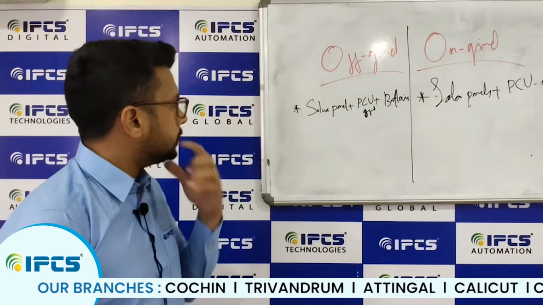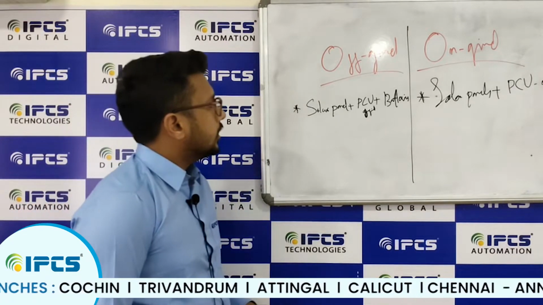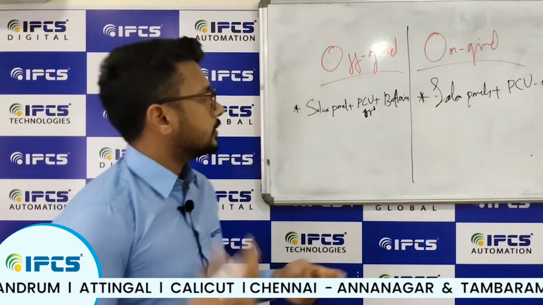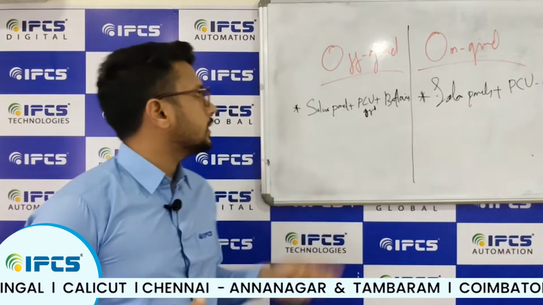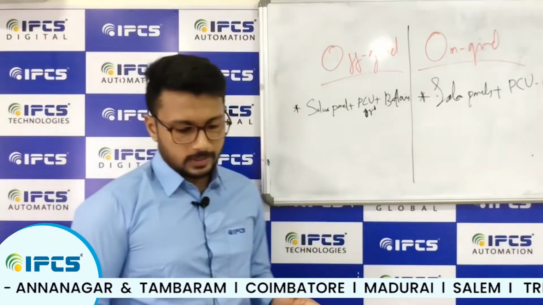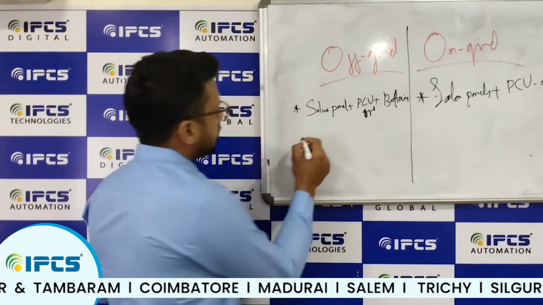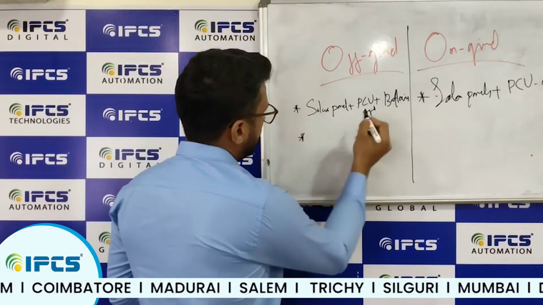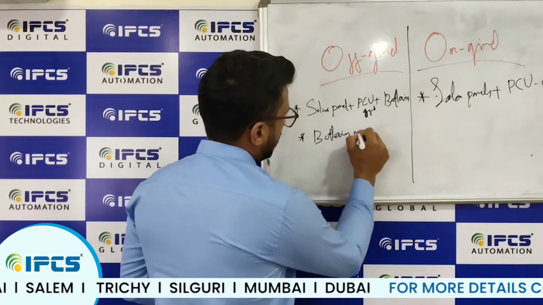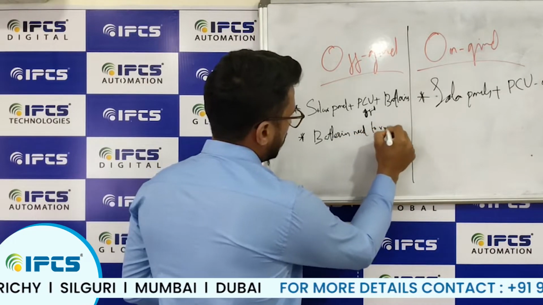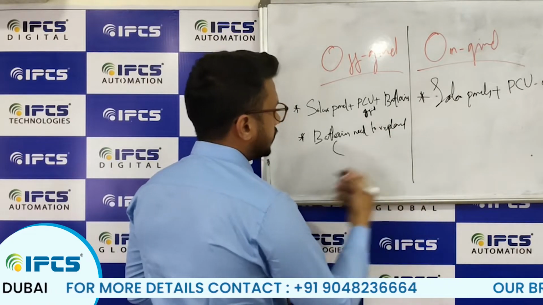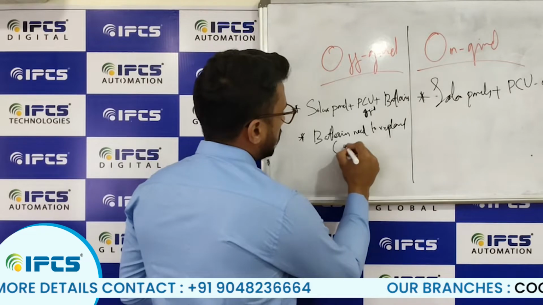And also, from the customer's perspective, an off-grid solution is a bit expensive. You know why? Because of the inverters, and the batteries need to be replaced after most probably 5 years.